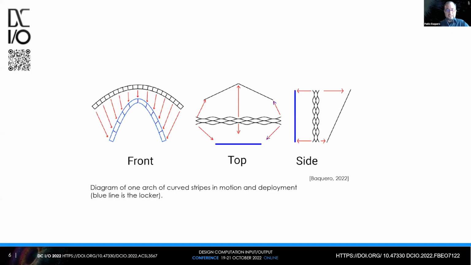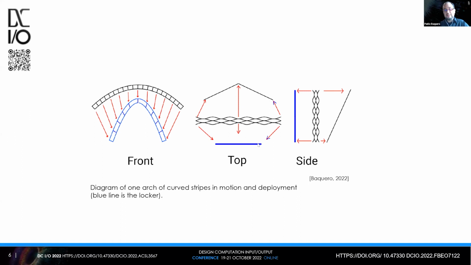For this matter, it is always designed in a flat state and later deployed, as shown here in the black stripes that were deployed into a more double curvature state.